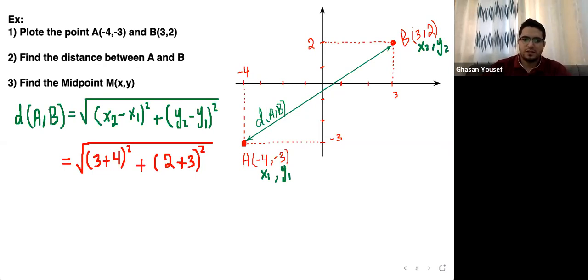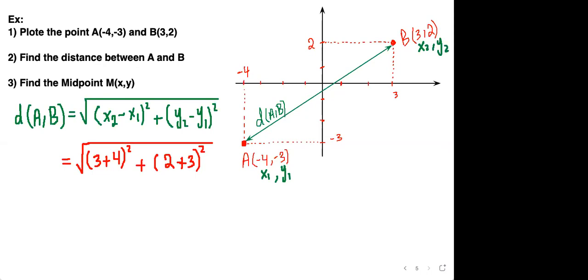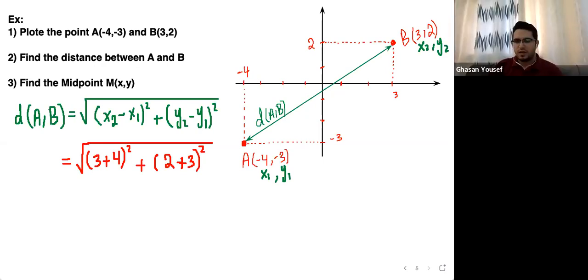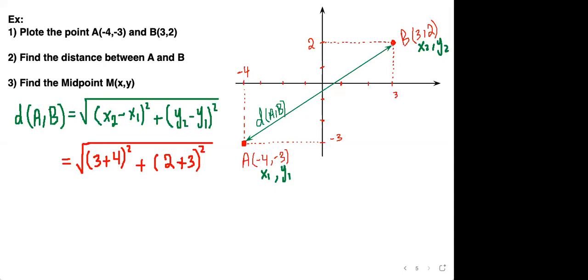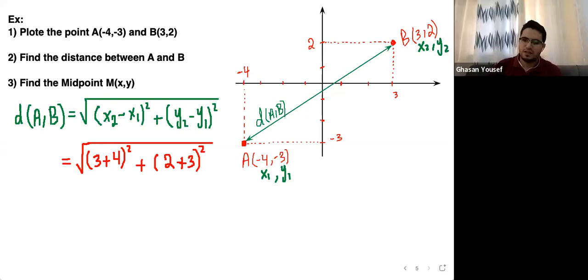Okay, what is 3 plus 4 squared? 49. Here I get a question. Johanna asked in the chat box, why is it not a minus 3 here? Why did we make it positive?